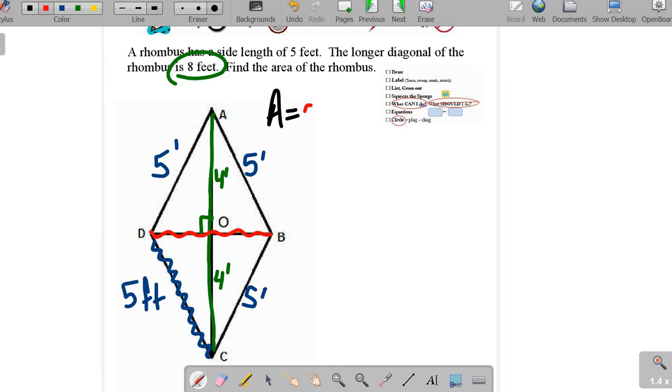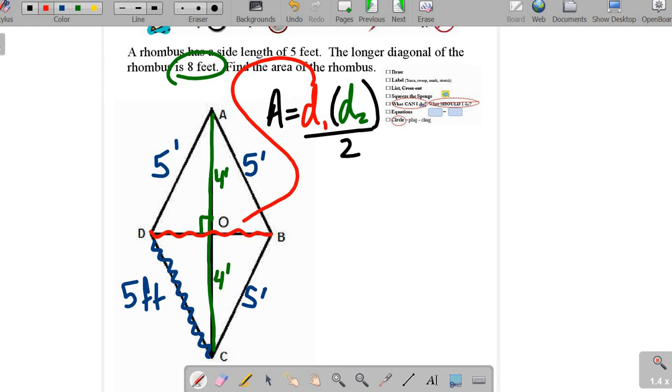Well, the area of the rhombus is going to be diagonal 1 times diagonal 2 over 2. Let's take a look here. This diagonal is right there, and lo and behold, you don't have it. So what you should have noticed is that you needed to solve for that diagonal.